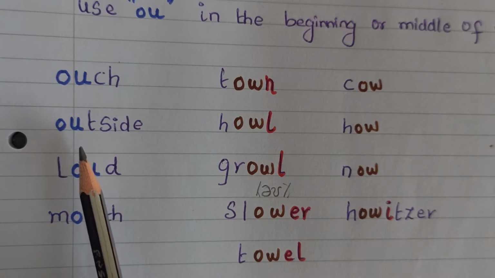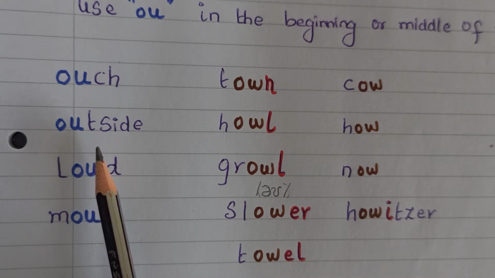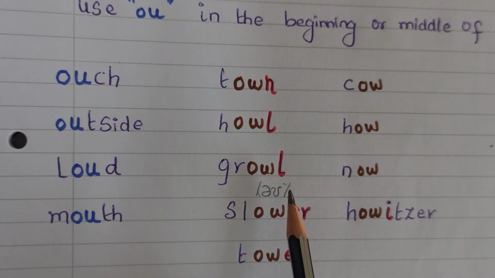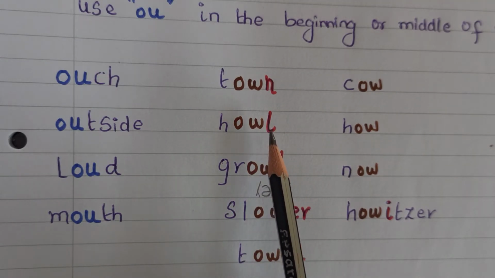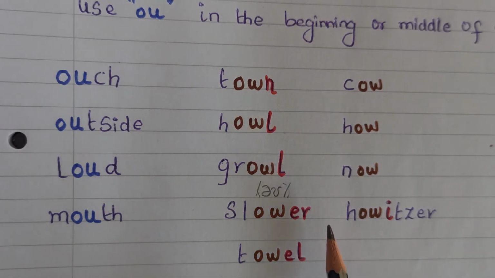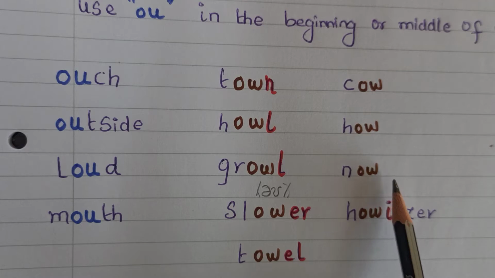So, OU sound comes in the beginning and middle of the word, and if OW is followed by N, L, ER, EL and I, then we have to use OW, and also at the end of the word.